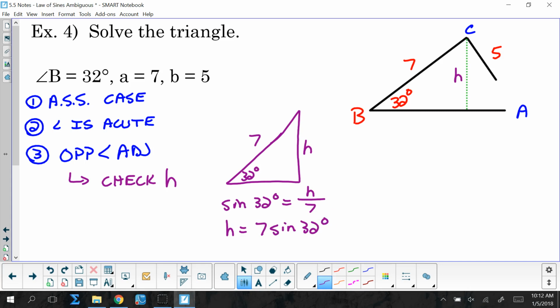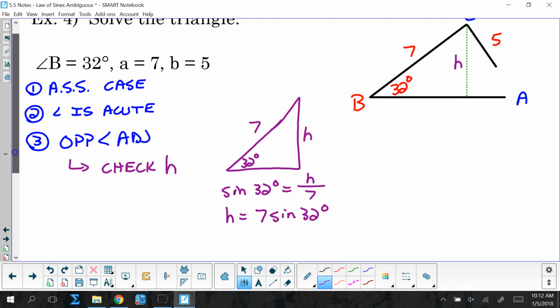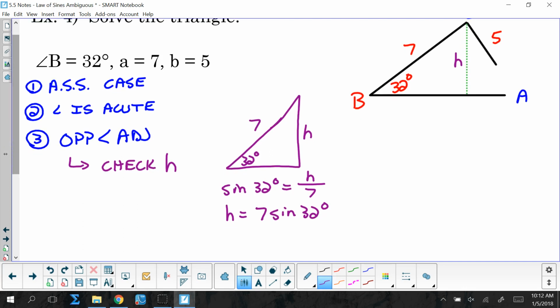That is about 3.7. Now I need to compare that H to my opposite side.